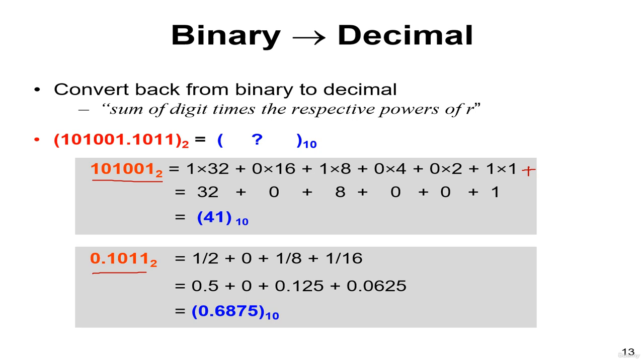So first you are going to write this number: 1 multiplied by 2 raised to power something, we do not know that as of now, plus 0 multiplied by 2 raised to power something, right?